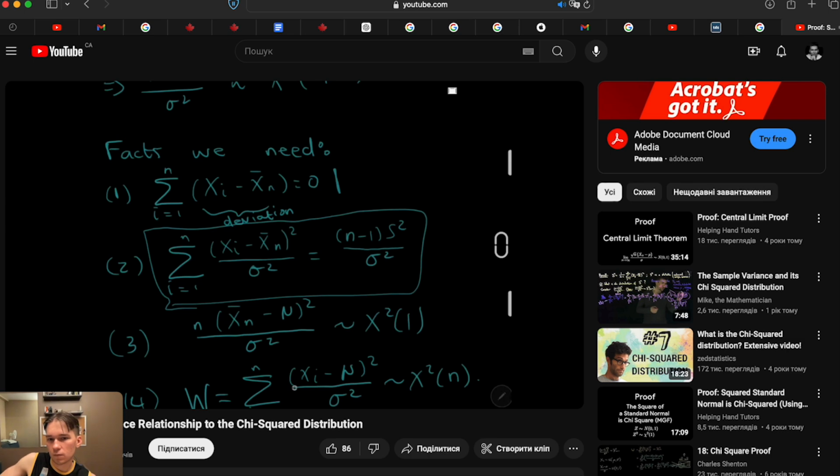The basic idea behind this proof is that xn bar is normally distributed. If you subtract the mean and divide by the standard deviation, which is sigma over root n, you get xn bar minus mu multiplied by square root n over sigma, which is a standard normal because xn bar is normal.